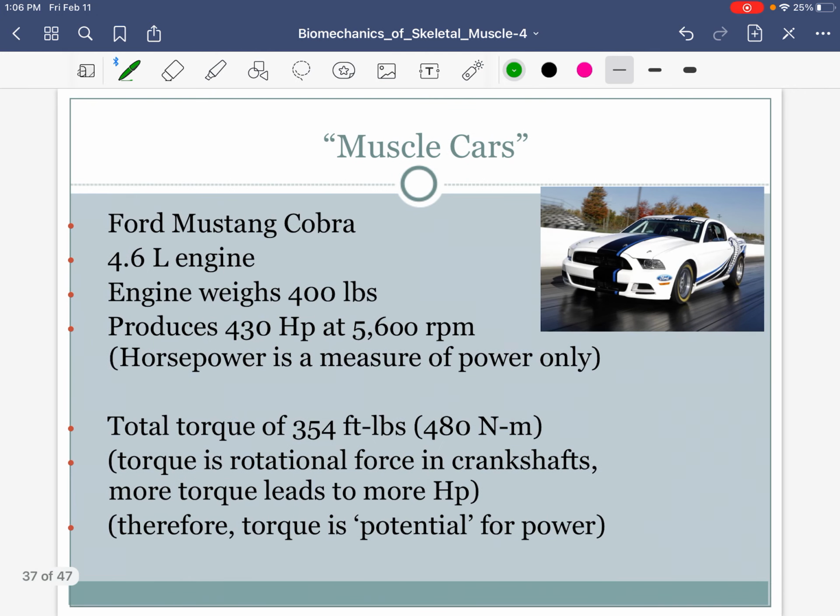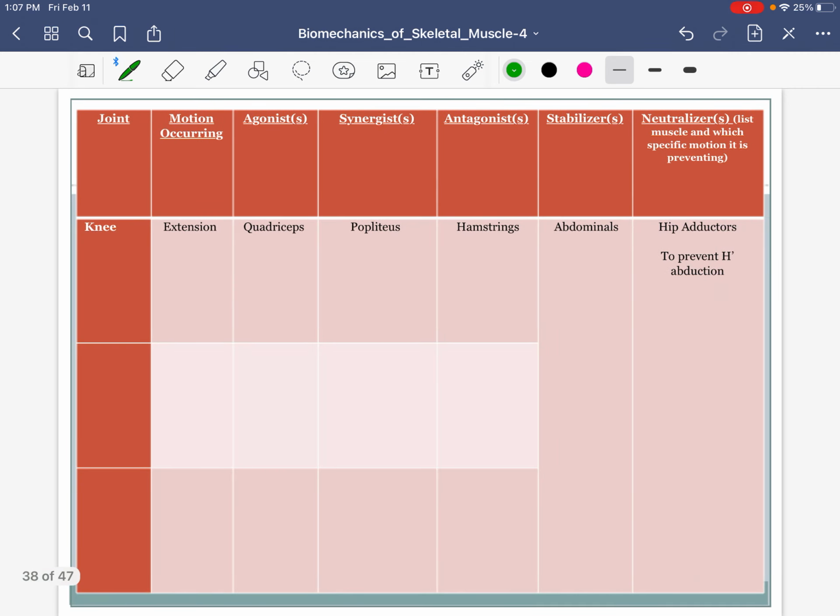Really cool. I already gave you some examples just because it's kind of cool. We can not only measure horsepower or force, we can also measure torque. One way to think about torque is the potential for power. It's kind of interesting.